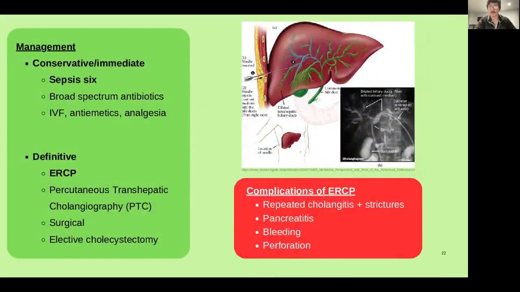Speaking of, so management, the definitive management is ERCP, but again, not forgetting the conservative management to start off with. So you're going to do the sepsis 6 probably, because they have an infection going.